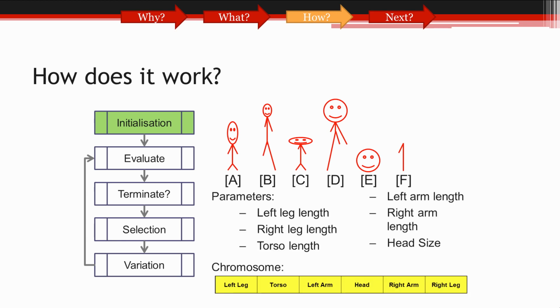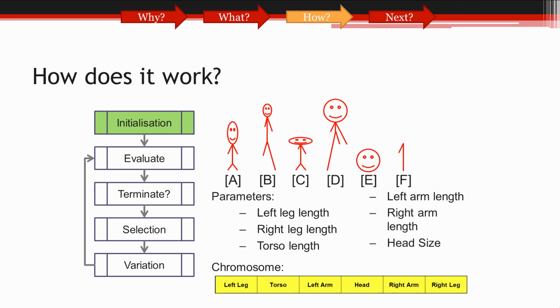It's important to define our data structure, often referred to as a chromosome in the context of evolutionary algorithms. This chromosome simply stores a set of items, or genes, which describe our solutions. We can think of this as some type of blueprint.